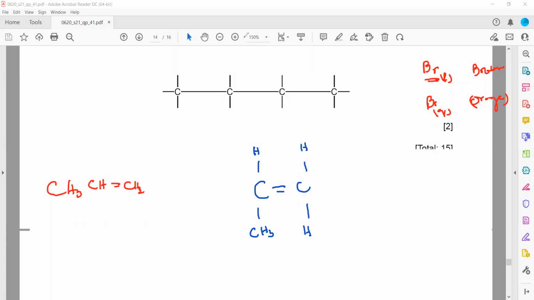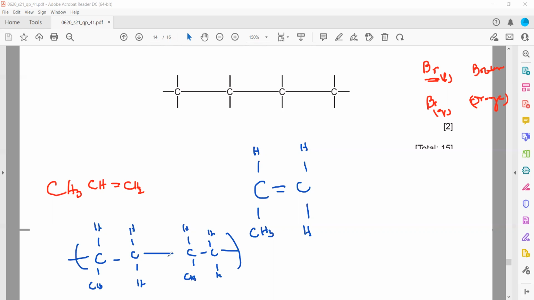To draw a polymer, what will we do? We will draw the same structure but without a double bond. So this is one monomer. Then there will be another. And we link them together, put a bracket and n. So we just have to complete the same thing here.